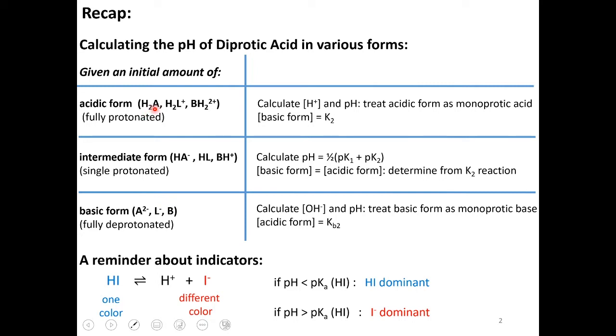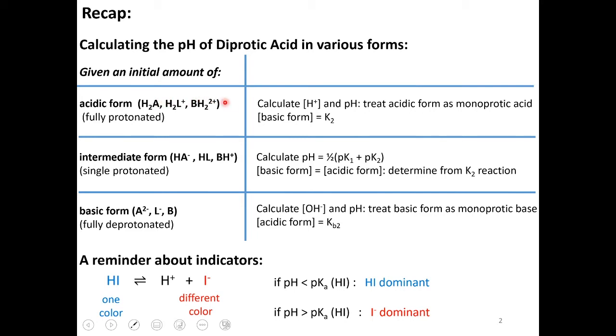Some diprotic acids are neutral when both protons are present. Some, like the one we used in our example last lecture, leucine, have a single plus charge when both protons are present, and some have a +2 charge when both protons are present, in which case their fully deprotonated base form is neutral.